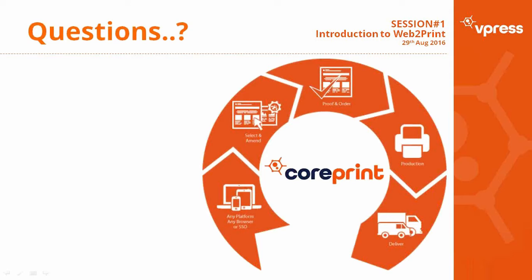But within the system, we can manage stock quantities, stock volumes. We can have that single directional into an MIS or a warehouse type system. Or we can also do it bi-directional into many of the leading MIS applications, if that's the way you want to go. But CorePrint is a web-to-print system, speaking on my behalf.